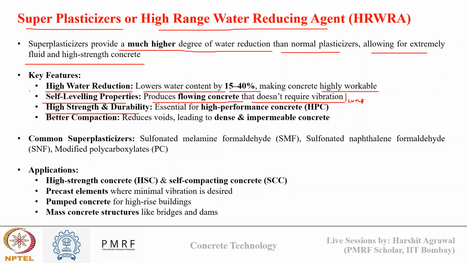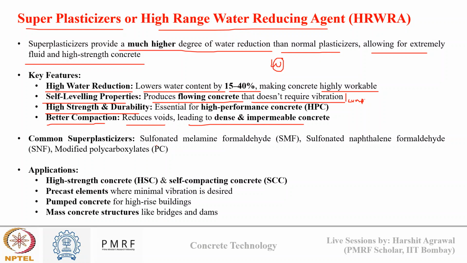They help in making high strength and durable concrete. If I use a high range water reducing admixture, I will require much less water in my concrete. If my water is low, my W by C ratio will be very low, so my strength will be more. That's why they are used for making high strength or high performance concrete, and they result in better compaction. They reduce the voids, leading to a denser and impermeable concrete.